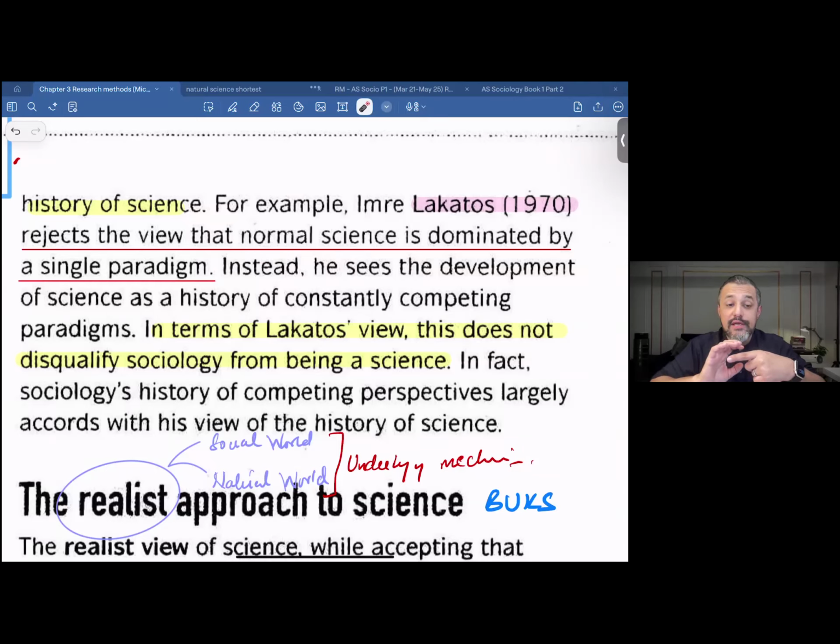Lakatos claims that if you look at the history of sociology, the competing perspectives that have been there largely accord with the views of the history of science. He's trying to look for the similarities between natural sciences and sociology.